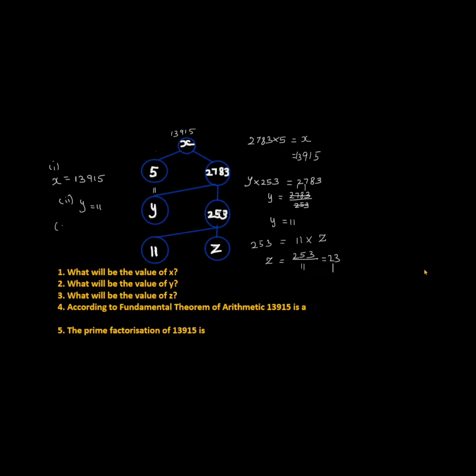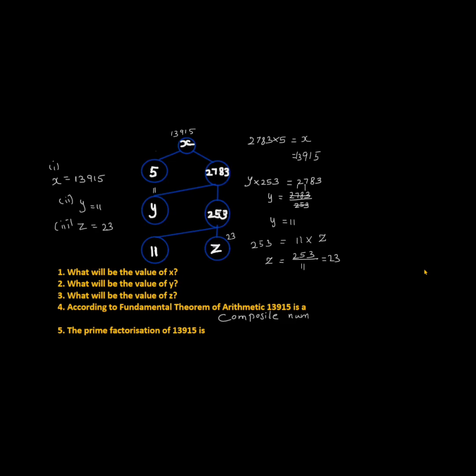So the third question's answer is z is equal to 23. Now, according to the fundamental theorem of arithmetic, 13,915 is 23 into 11 into 11 into 5. So it's a composite number.